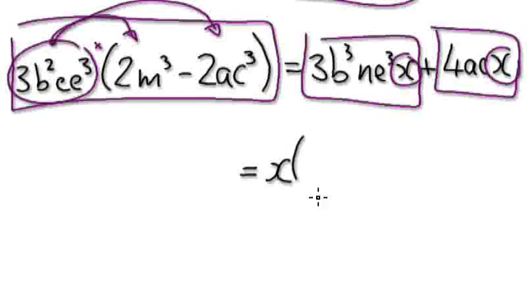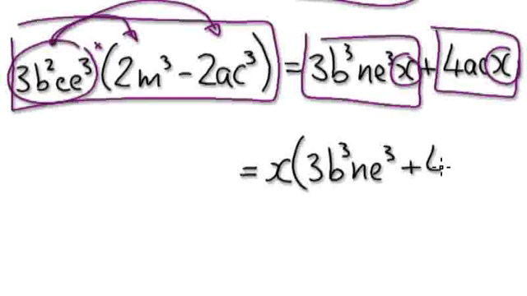So factorizing this would be 3b to the power of 3 ne to the power of 3 plus 4ac, and then close it off.